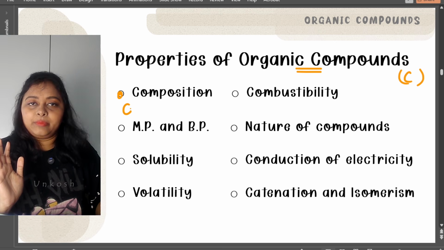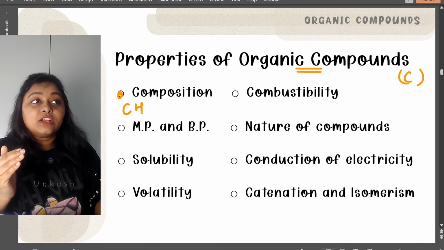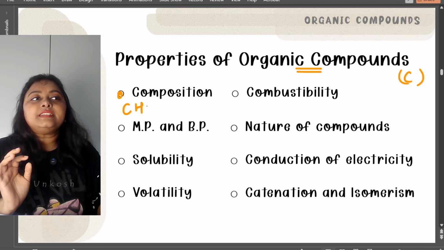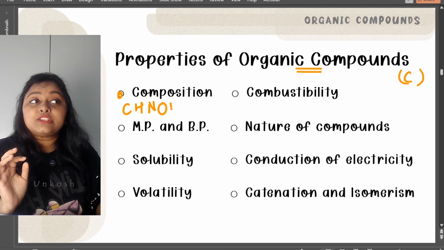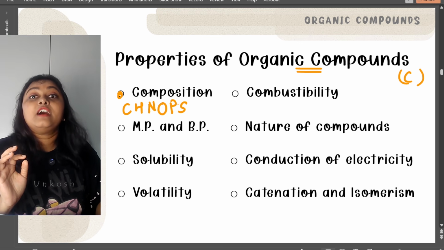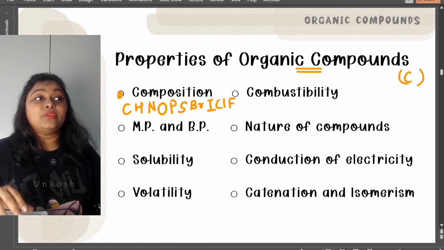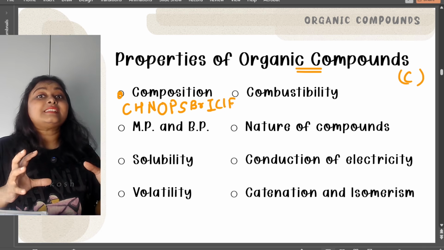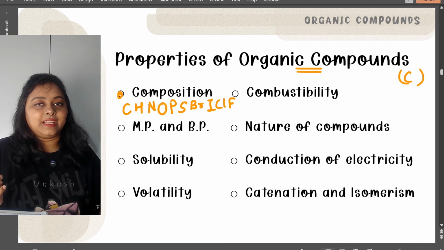They are carbon, because we know that organic compounds are hydrocarbons, so of course hydrogen. Other than that, you need to remember that there is nitrogen involved, oxygen, phosphorus, sulfur, and also we have bromine, iodine, chlorine, and fluorine. So these are the elements which are involved in the formation of organic compounds.